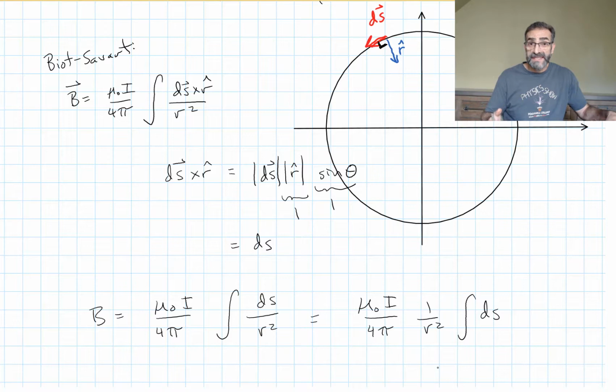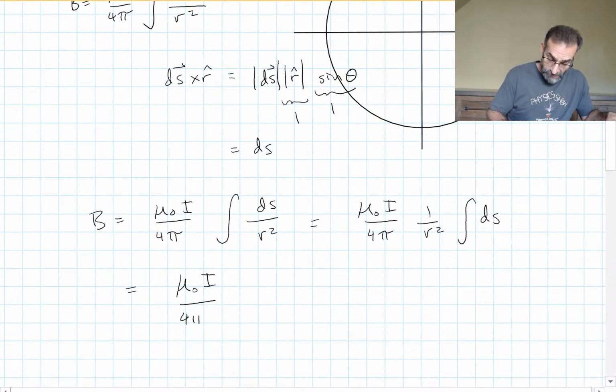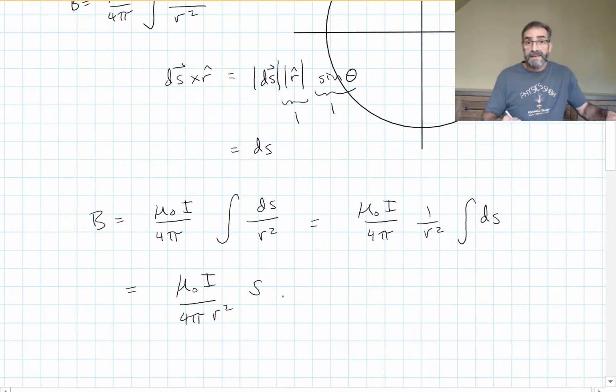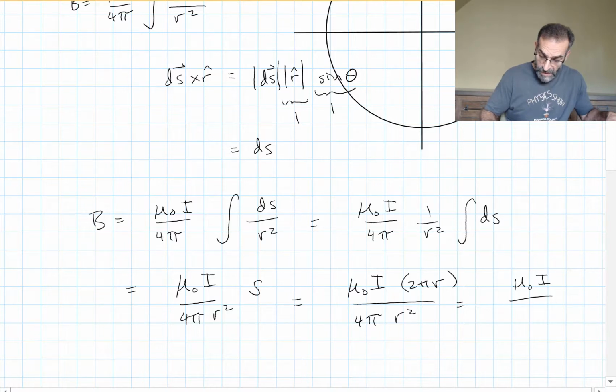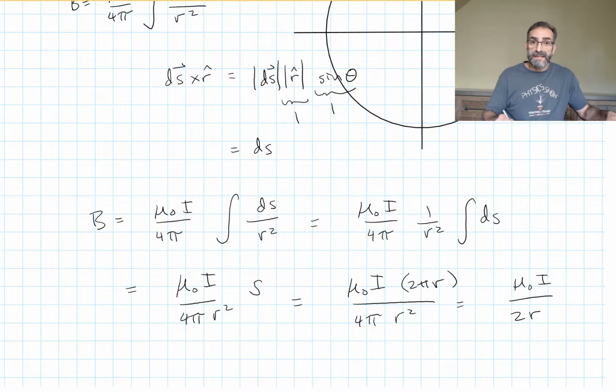It's just s, the total length of our wire. And s is equal to 2 pi r, the length of the wire. We end up with mu naught I over 2r.